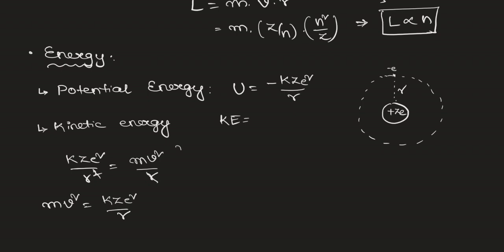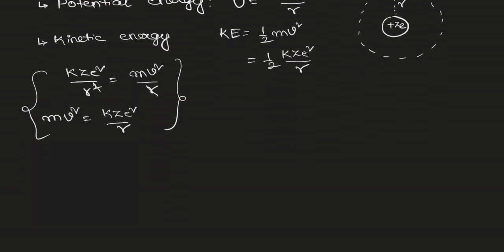Once we know this, kinetic energy is half m v square, so that will be half k z e square by r. That is about kinetic energy. And once we know potential energy and kinetic energy, we can find total energy.